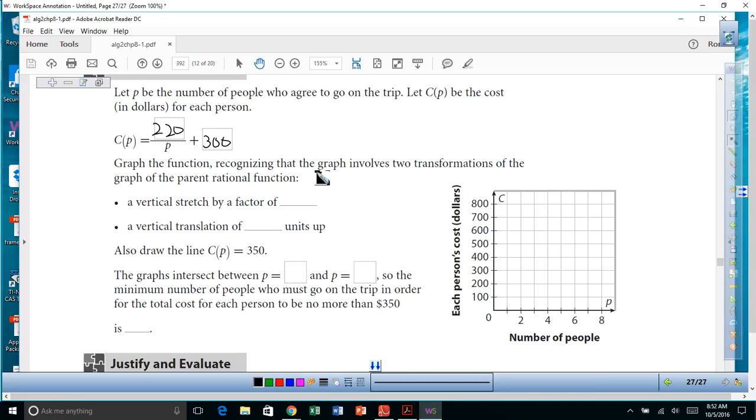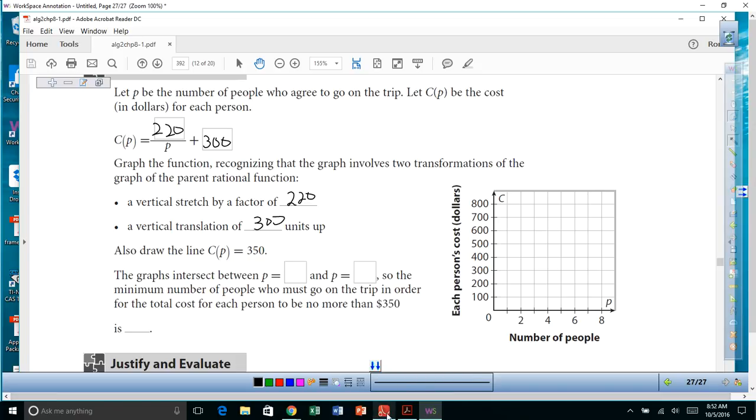Graph the function, recognizing that the graph involves two transformations of the graph of the parent function: a vertical stretch by a factor of 220, and a vertical translation of 300 units up. Also draw the line C of P equals 350.